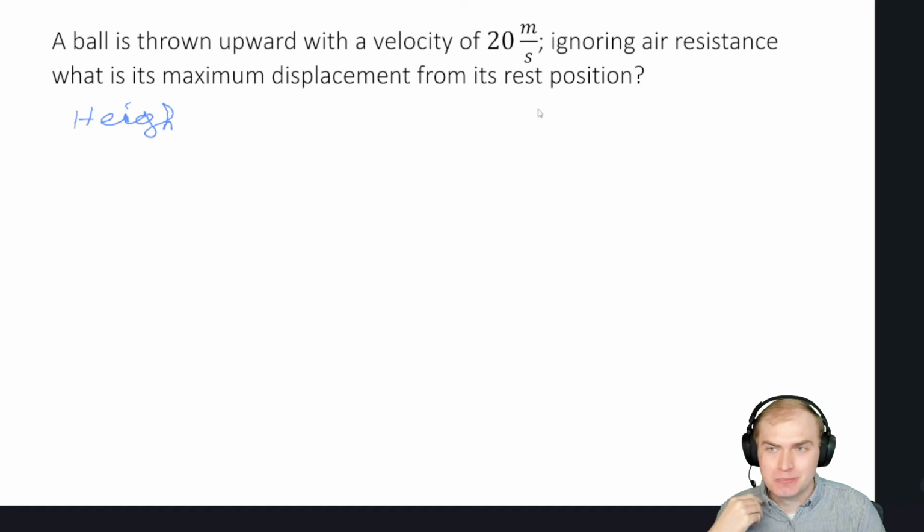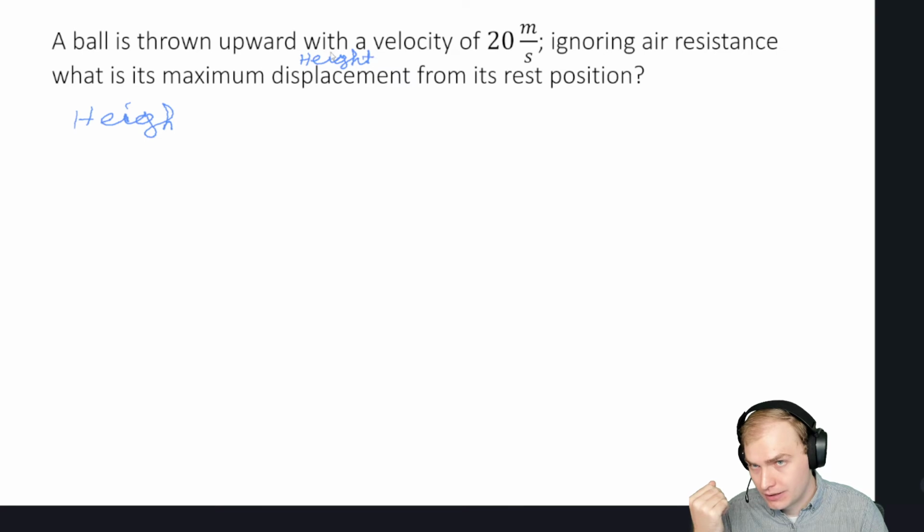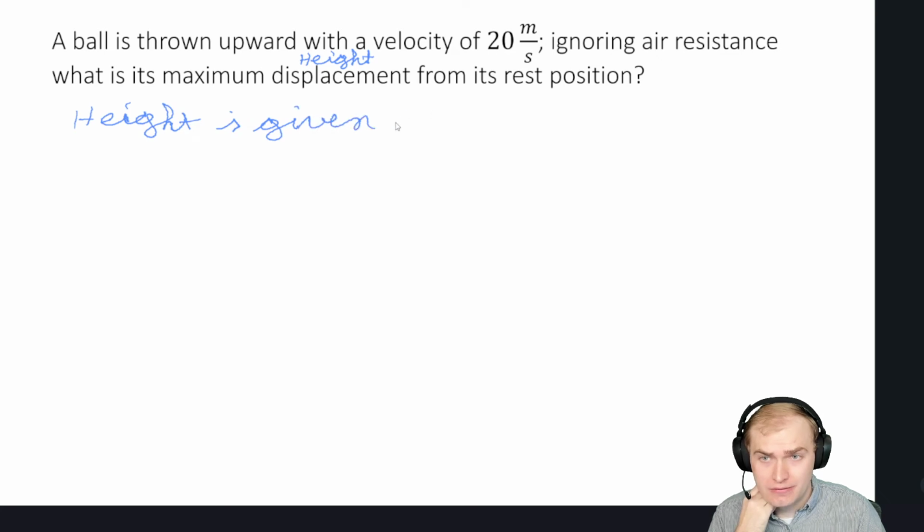What's its maximum displacement, or since it's thrown upward, height? It is given by this equation.